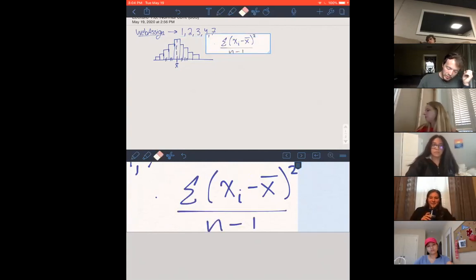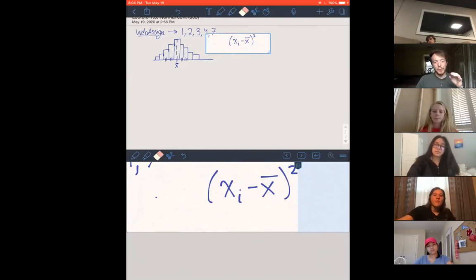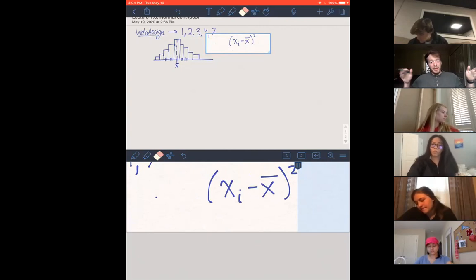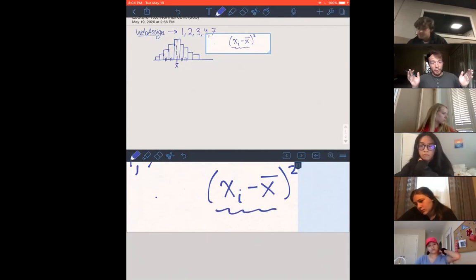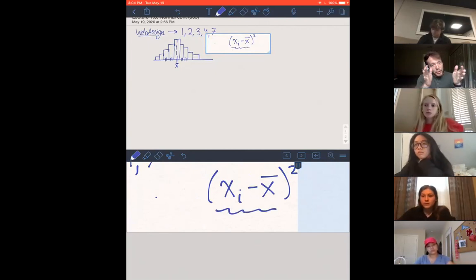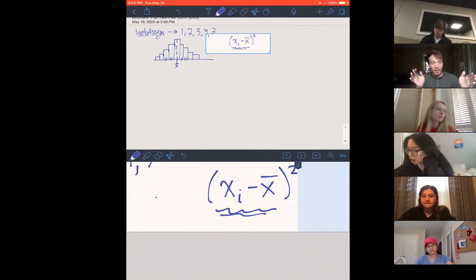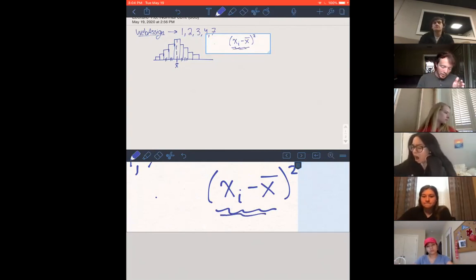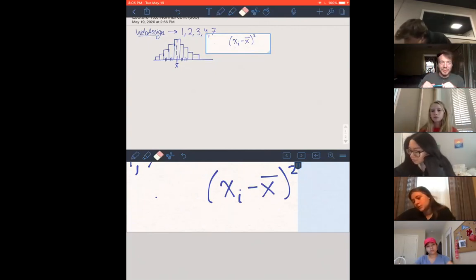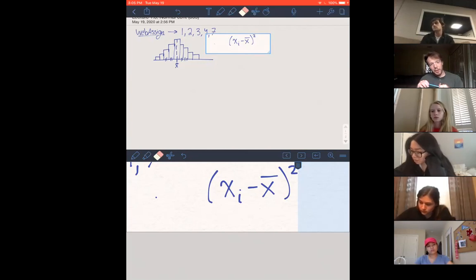Think of actually just this part. It's like we're scoring every single value, where values that are really far away from the mean get a big score. This is very big if xi is very far away from the mean. And values that are very close to the mean get a small score. Again, this is very small when each x value is very close to x bar. So the idea is we're scoring every value in our data set based on how squished into the mean they are, and then we're averaging those values.